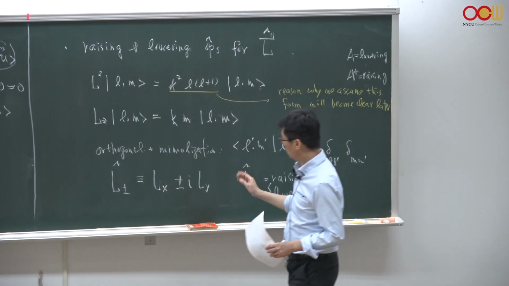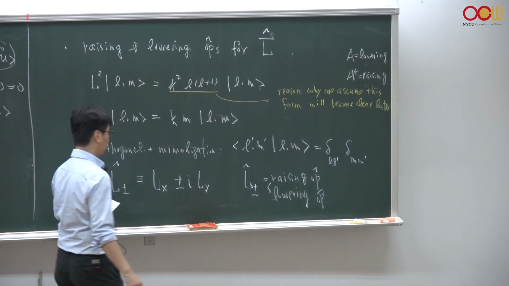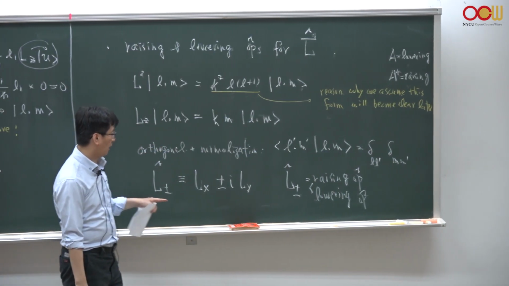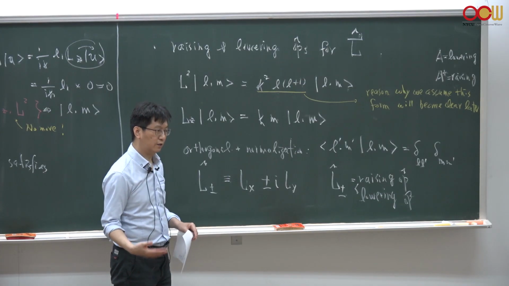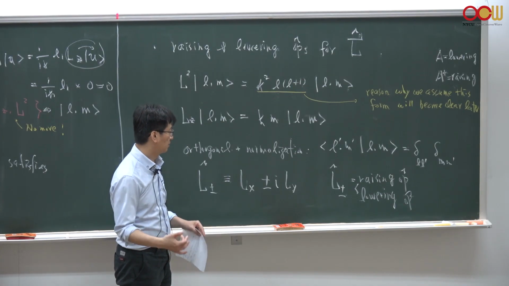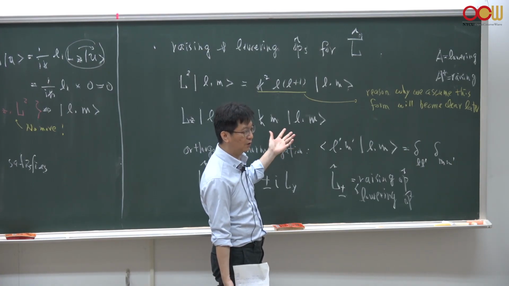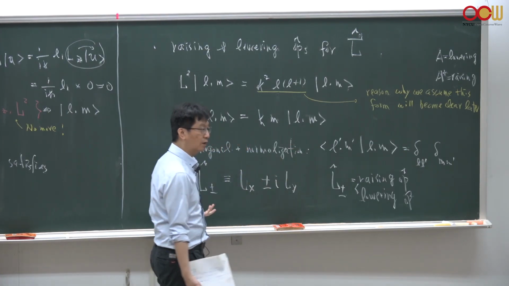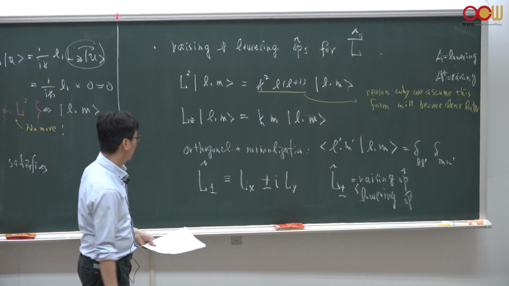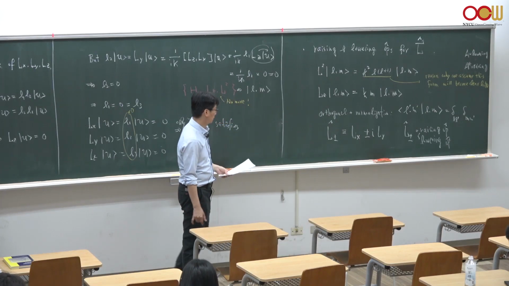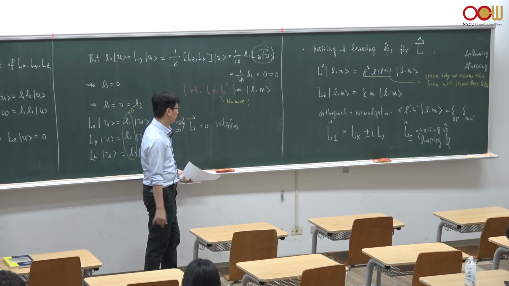In the following we will see that L plus is indeed the raising operator for angular momentum, because it raises the eigenvalue by 1 h bar if we apply L plus onto any simultaneous eigenstate |l, m>, and so it is for L minus.